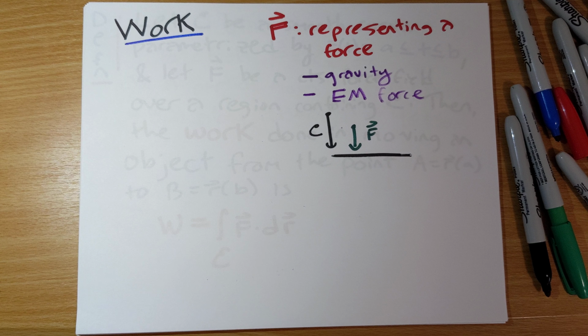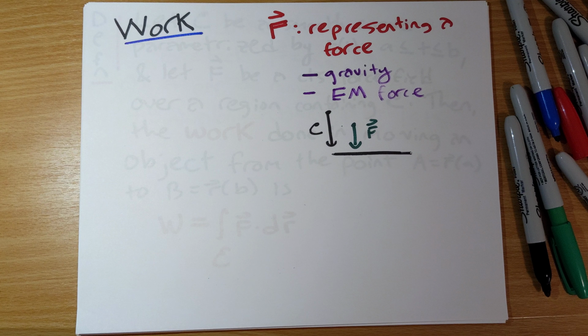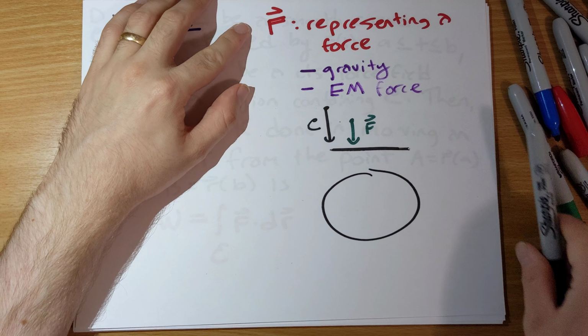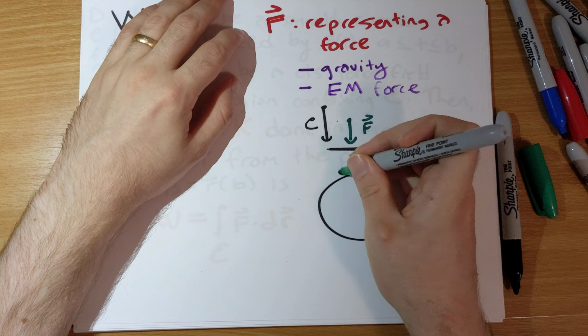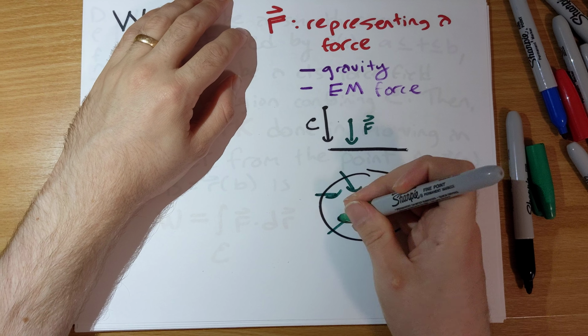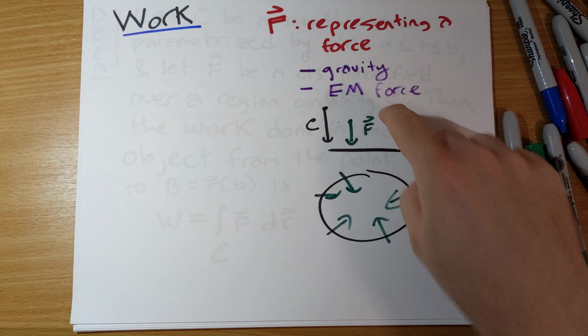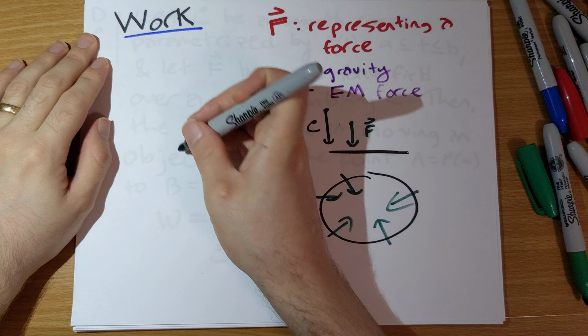We should know that on a bigger scale, the further you are away from the center of the Earth, the weaker the gravitational force field is. And of course, on big scales, when you think about the entire Earth, the gravitational force field is always pointing inwards. The same thing could be said for an electromagnetic force.